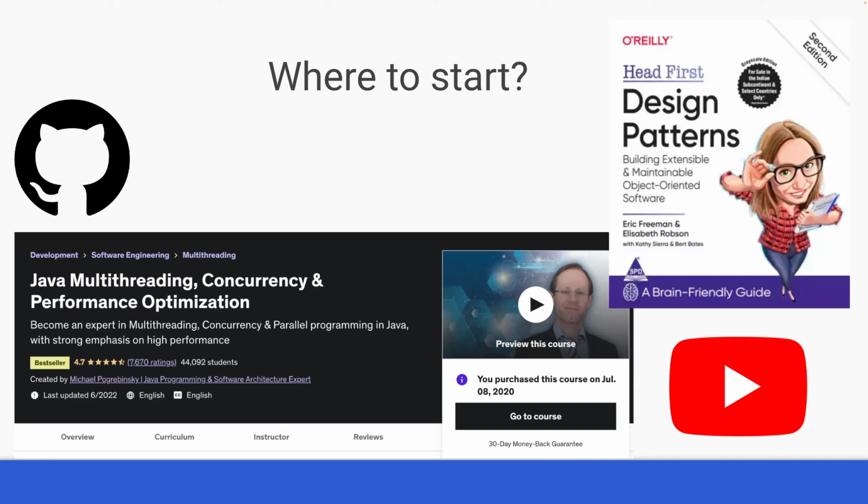Actually, what would be the difference between the DSA interview and the system design interview? Which design, high level design or low level design? Let's say low level design versus data structures and algorithms interview.